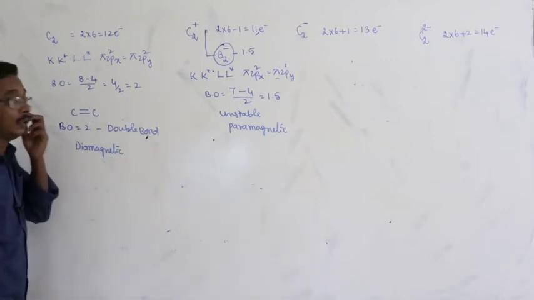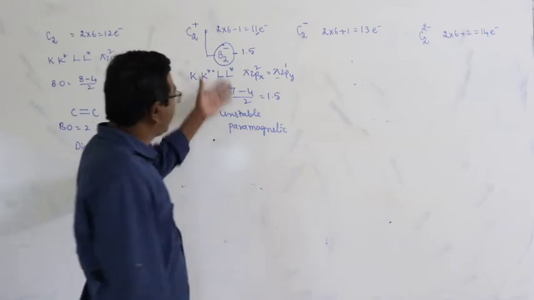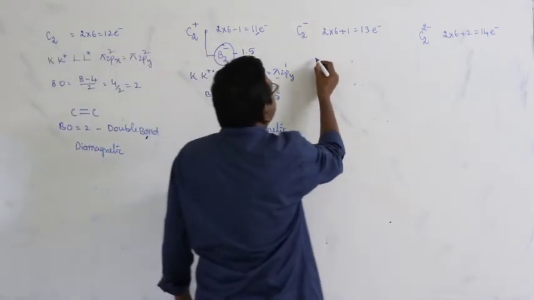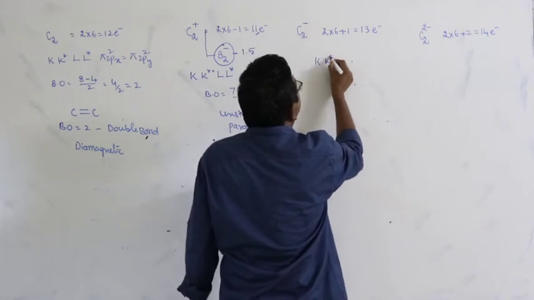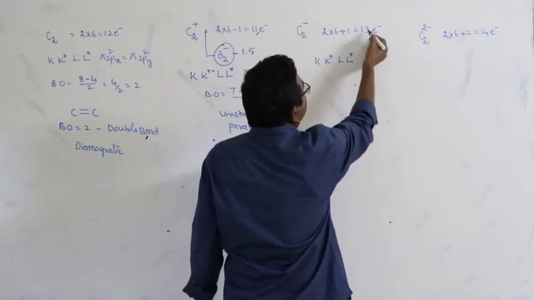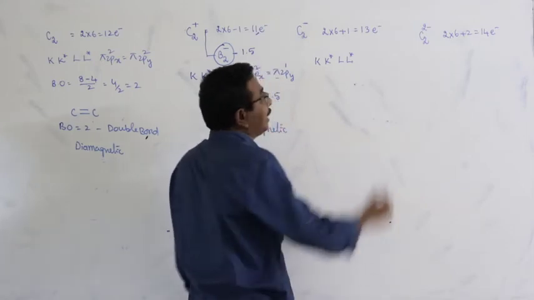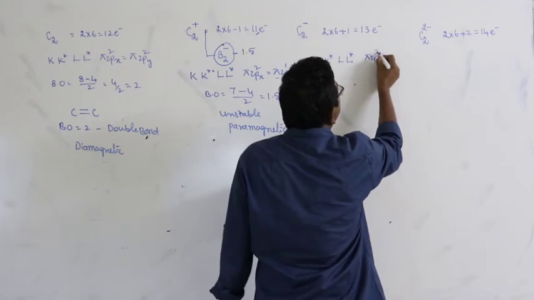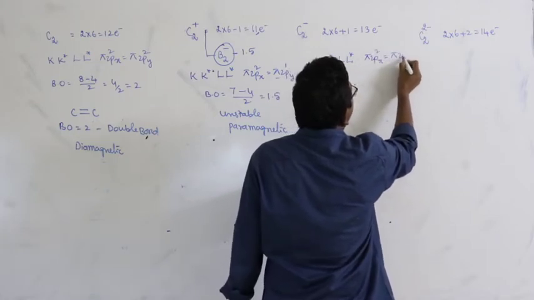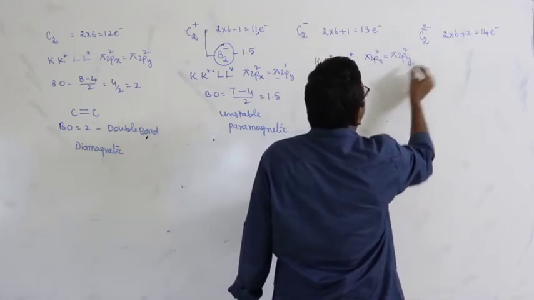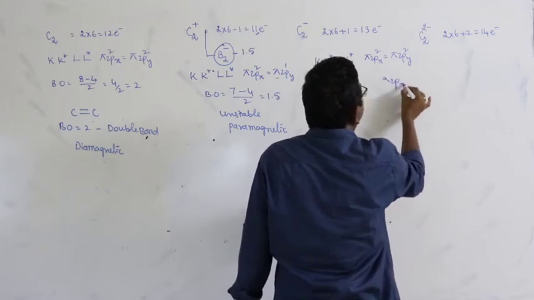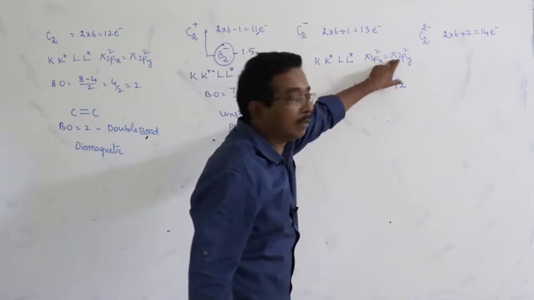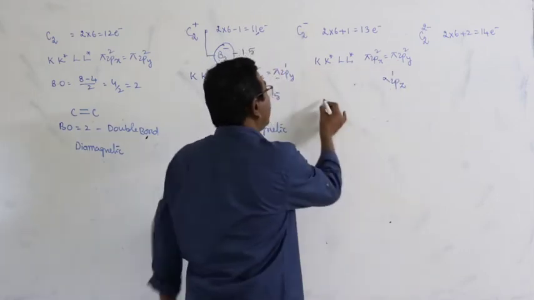Diamagnetic. This is already known to you, already solved, and once again I have given the information. 13 electrons, K star, L star, 8 electrons are accommodated, and here remaining 5 electrons, pi 2p square x equal to pi 2p square y and sigma 2p z1. 8 plus 4, 12, 12 plus 1, 13.